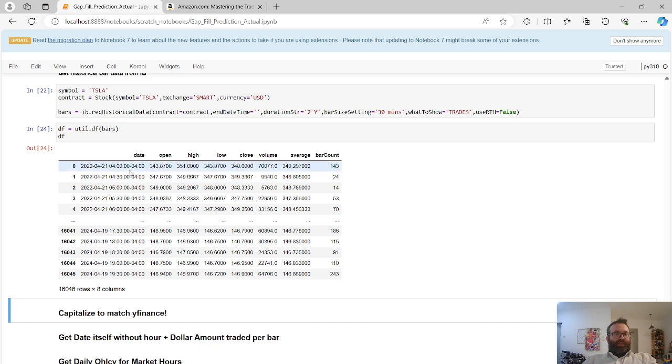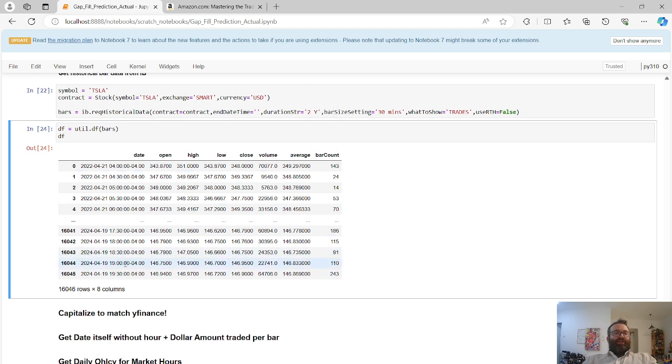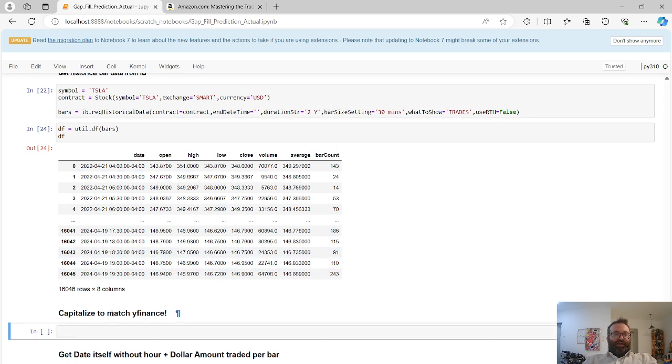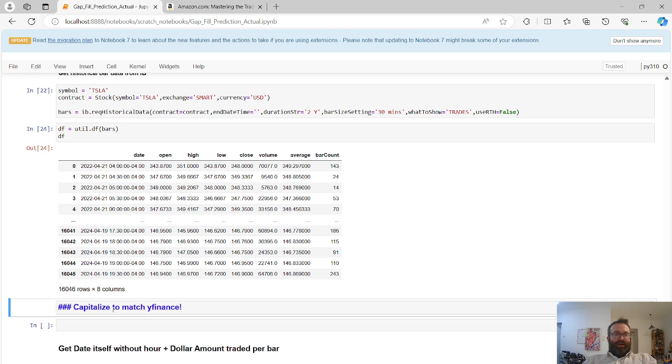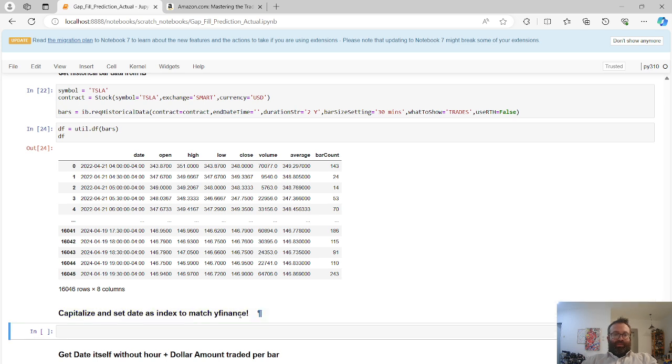Notice that the date is not an index like in Yahoo Finance, and open, high, low, close, volume, average are all lowercase. Average, by the way, is the average price traded. So let's first get it to match Yahoo Finance. Let's capitalize and set date as index to match Yahoo Finance.